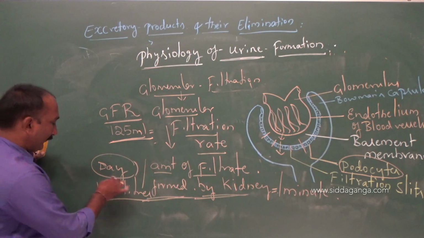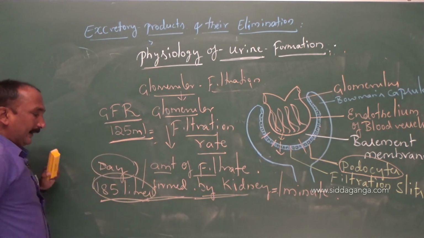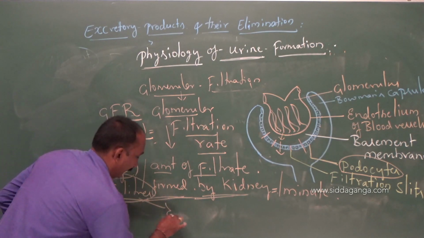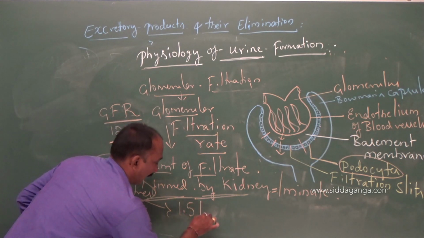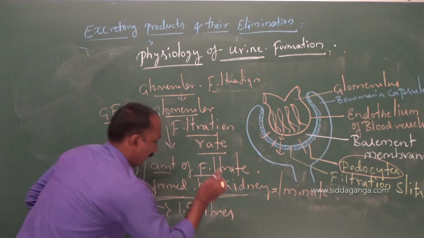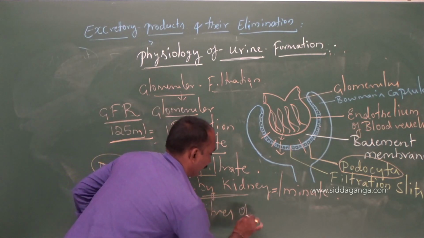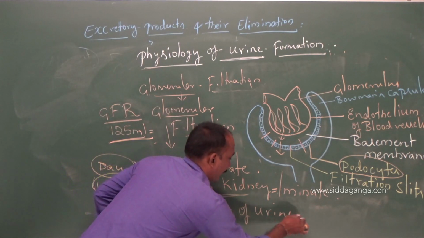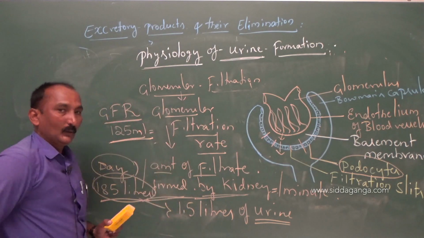Such 185 liters of filtrate will be converted into 1.5 liters of urine, that is concentrated urine.